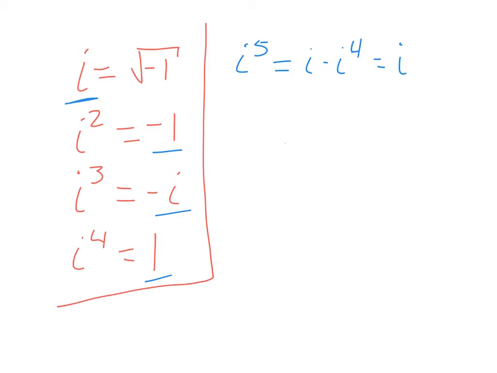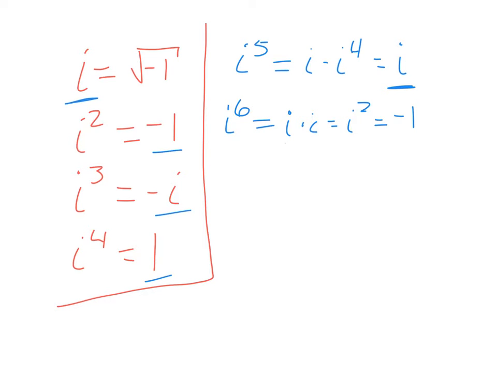Okay, and so if we're at i to the 5th and we multiply by i again, we're at i to the 6th, and that's really i to the 5th, which we just decided is i, times another i, so we get what? i to the 2nd power, but we decided that was -1.